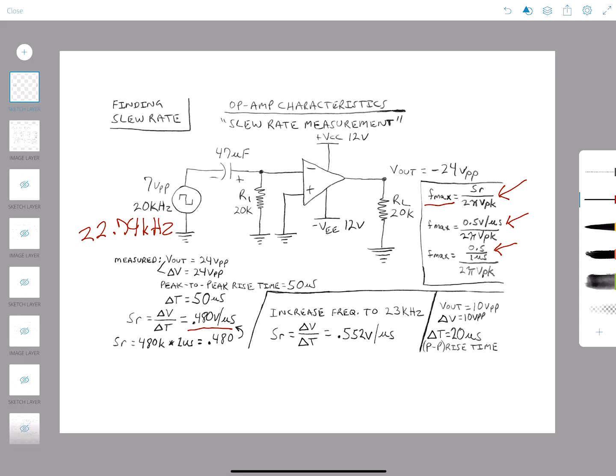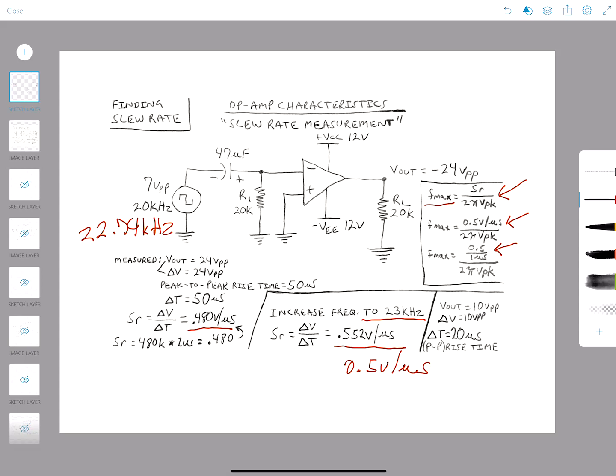So, if for some reason I decide to increase this input frequency to 23 kHz and put that into our formula, we're going to see that this comes out to 0.552 volts per microsecond, which in this case would start to attenuate. Because remember, the spec sheet tells us that our maximum is 0.5 volts per microsecond.